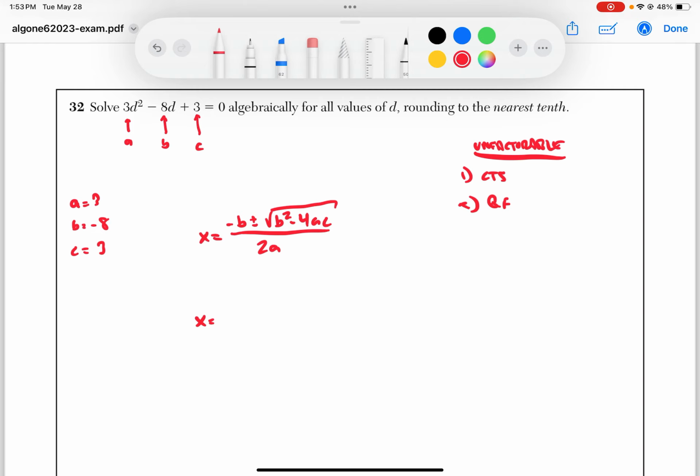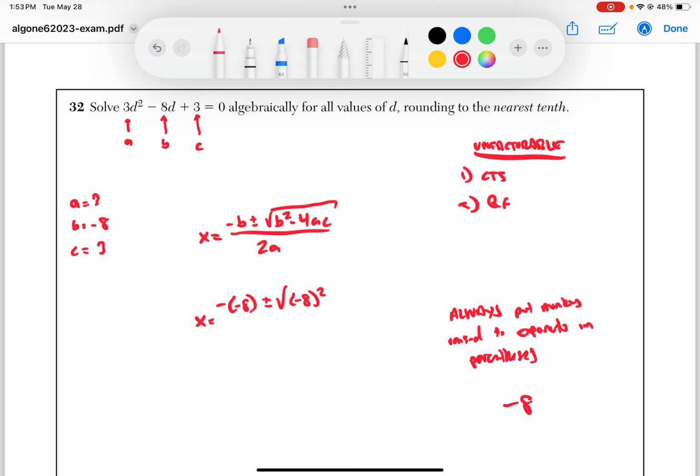Which would be negative b. If you write negative 8 here, right, b is negative 8. So negative b is negative 8 plus or minus the square root of b squared, negative 8 squared. Always put numbers raised to exponents in parentheses.